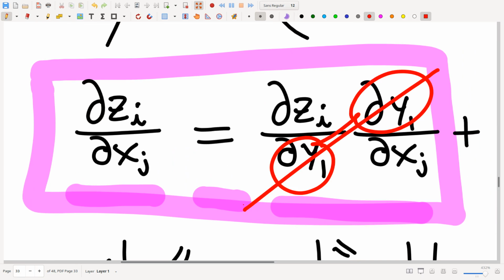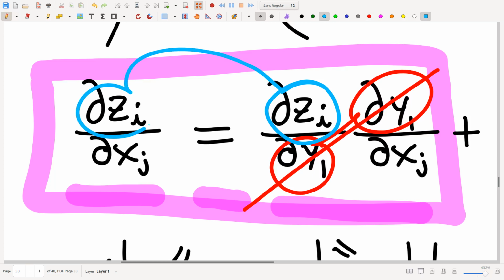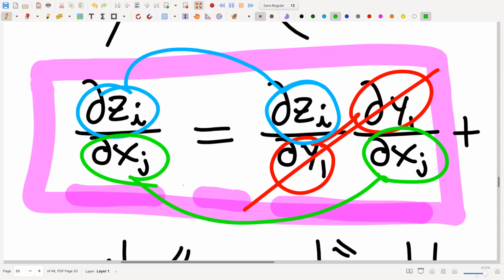This denominator looks just like that numerator, and boom, the result seems to be, at least as the notation lays on the page, the partial of zi with respect to xj. Kind of tempting, isn't it? It is very tempting. And this is 100% absolutely wrong.